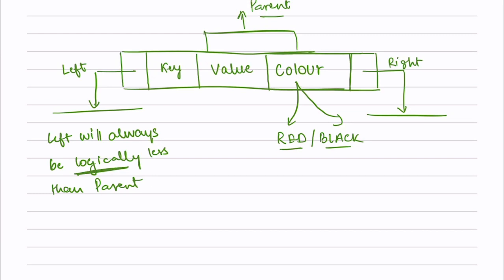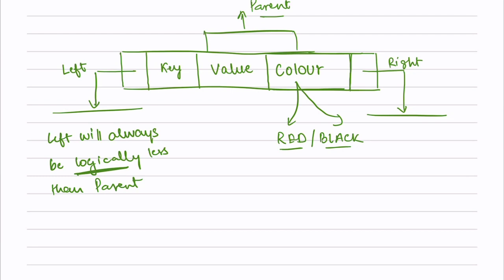If let's suppose the parent is 2, then left will always be less than 2. But in case of, let's suppose, a custom object, an employee, as per the definition you provide in comparable or comparator, it will compare which node is less than which instance. So logically, the smaller nodes will be put as a left child.